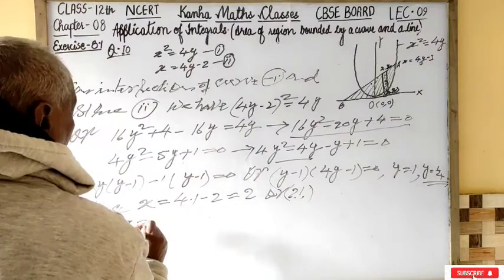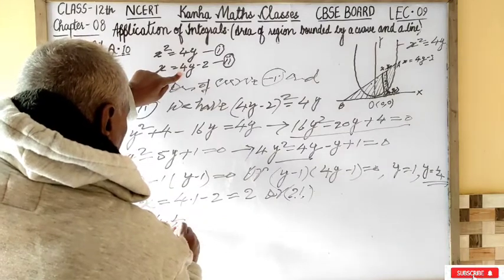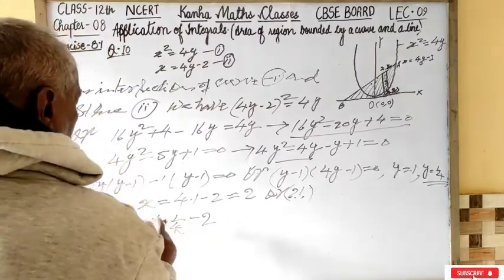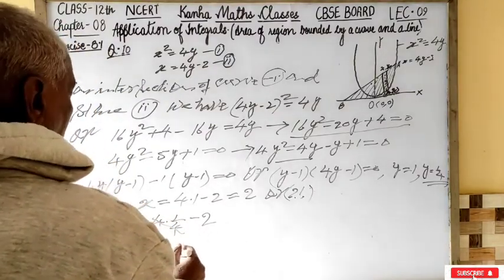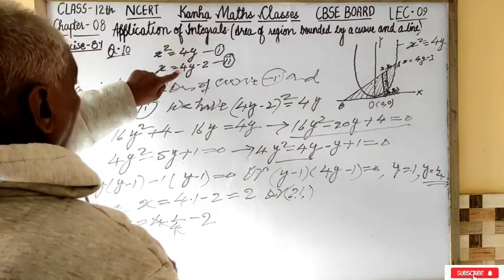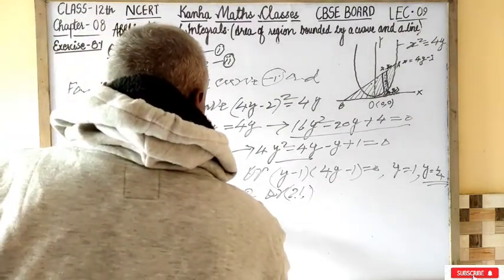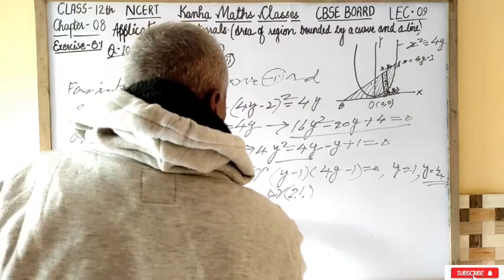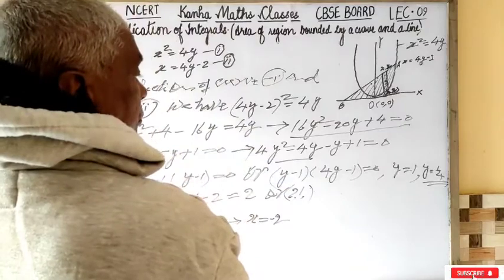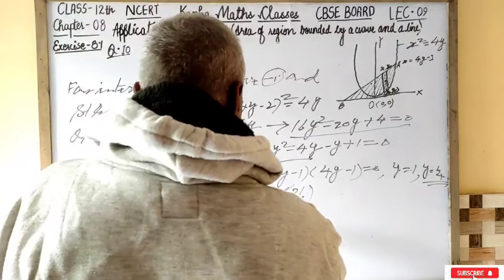Then x is equal to 4y minus 2, 4 will be cut by 4, y means 1 by 4, and minus 2, so x is equal to 1 minus 2, which is minus 1.